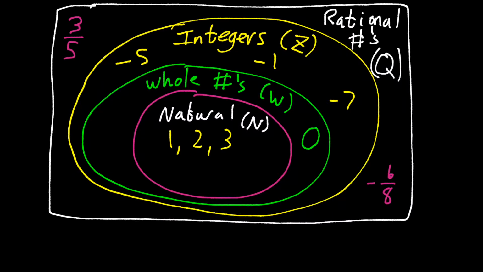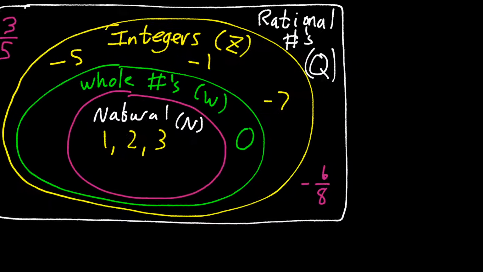Now, with our rational numbers, we have two special subcategories that I can't use this picture for because we're not going to be dealing with everything in here. We're just going to be dealing with some decimals. So, let me slide this out of the way.